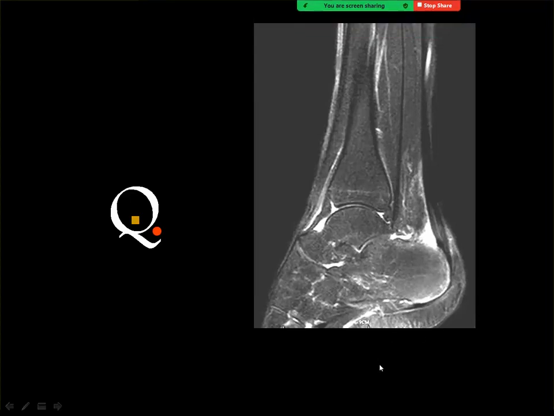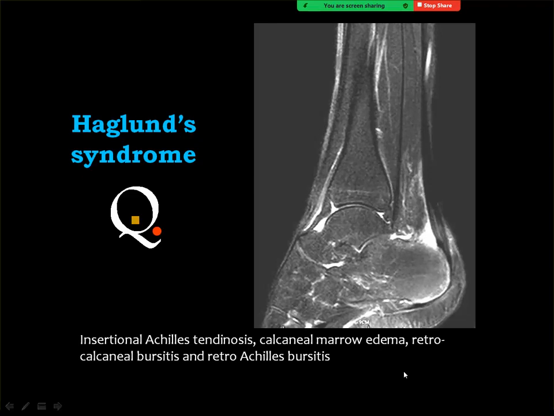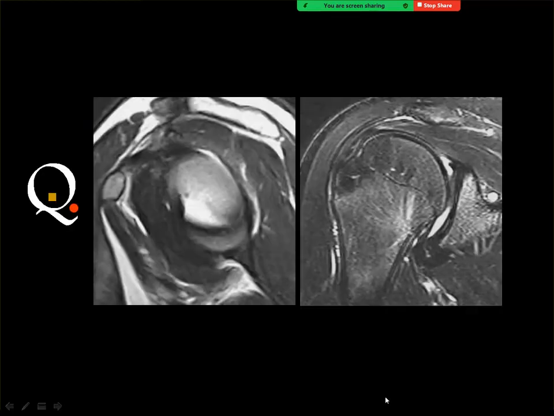The answer is right. There is swelling of the Achilles tendon with intrinsic abnormal signal, inflammation of the retrocalcaneal bursa, as well as inflammation of the subcutaneous tissue superficial to the Achilles tendon. This is the triad of Haglund syndrome.